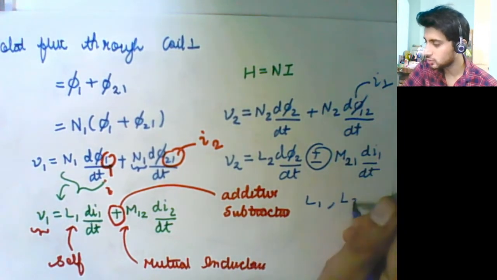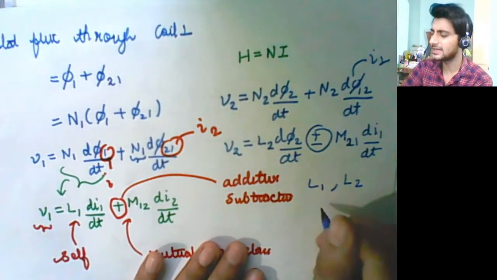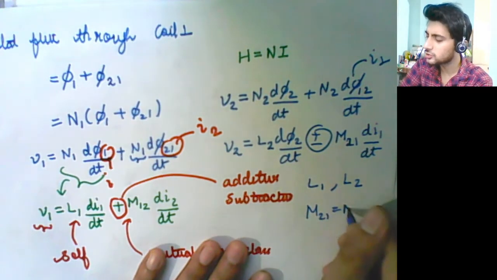Usually people consider that M21 is equal to M12.